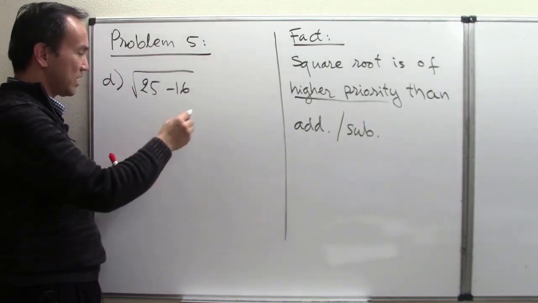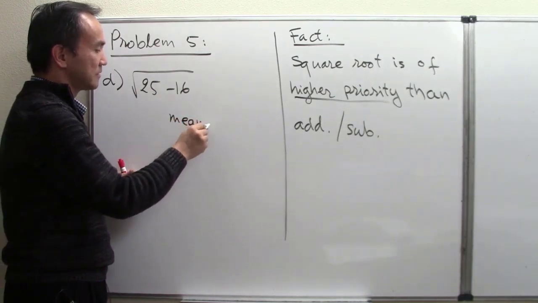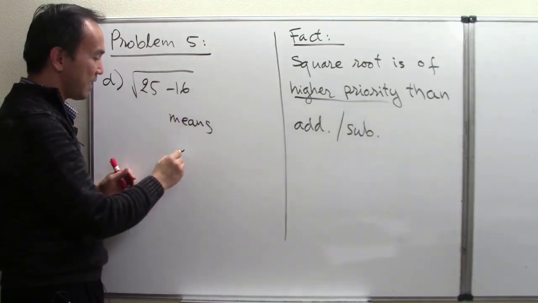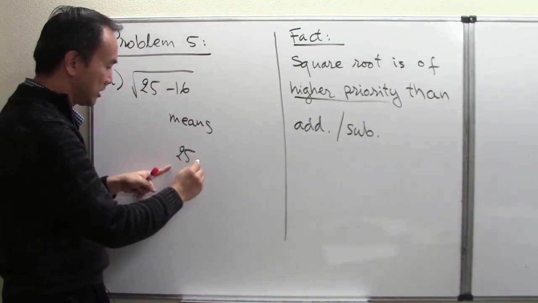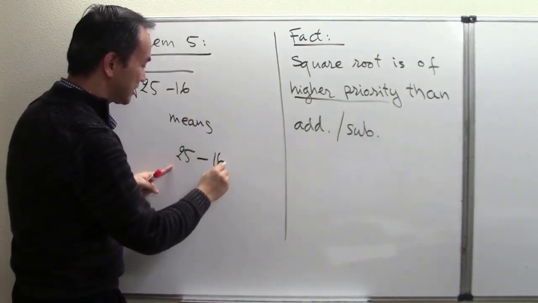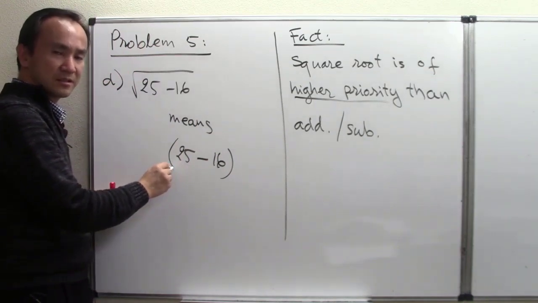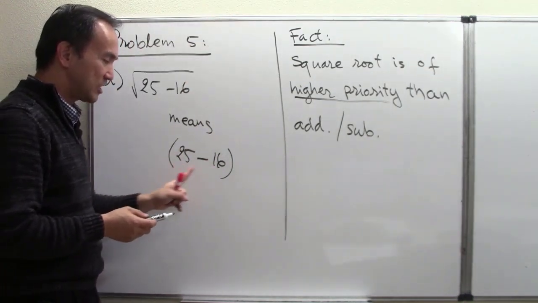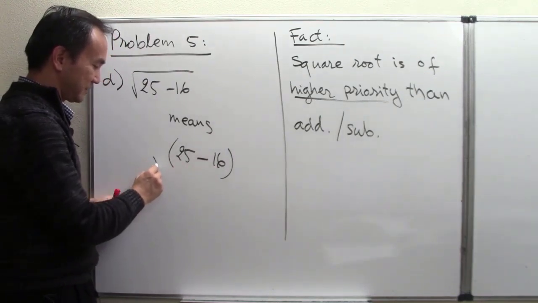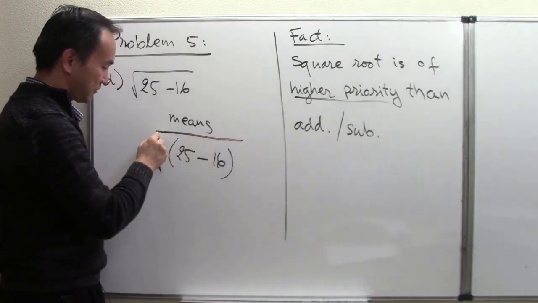So what this expression means is there's a grouping. Even though it was not written, there was a grouping: 25 minus 16 being grouped to increase its priority. Whatever it comes out to, we're going to take the square root.